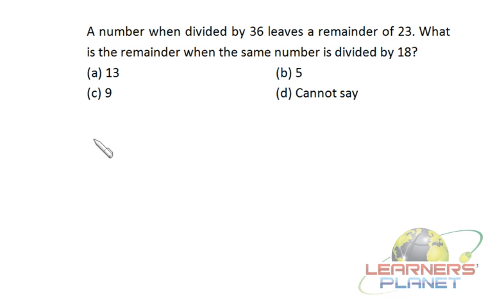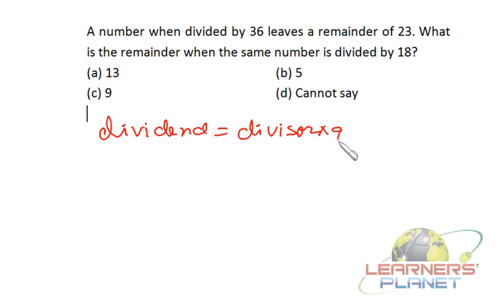Now any number, that is dividend, is equal to divisor into quotient plus remainder. Okay, so here the divisor is 36. Let the quotient be x and remainder, that is 23. Now it's actually the dividend, that is 36x plus 23.